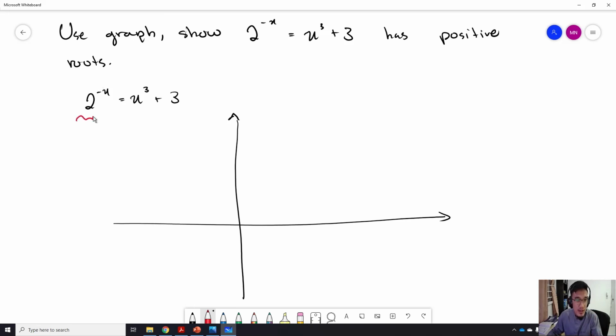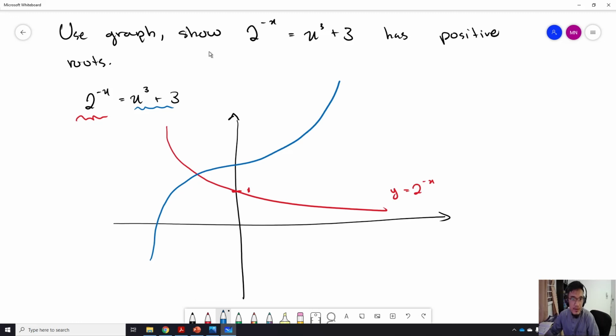So our first graph is the graph of 2 to the power of negative x. The graph of 2 to the power of negative x is shaped like this, where it intersects the y-axis at 1. So this is y equal to 2 to the power of negative x. And another graph is shaped like this, that is x power of 3 plus 3.